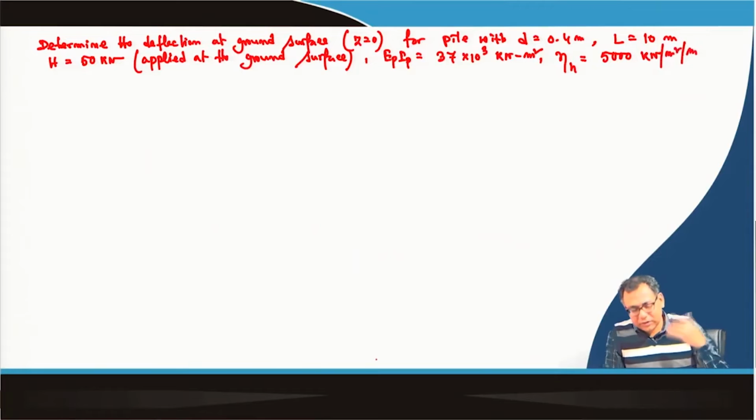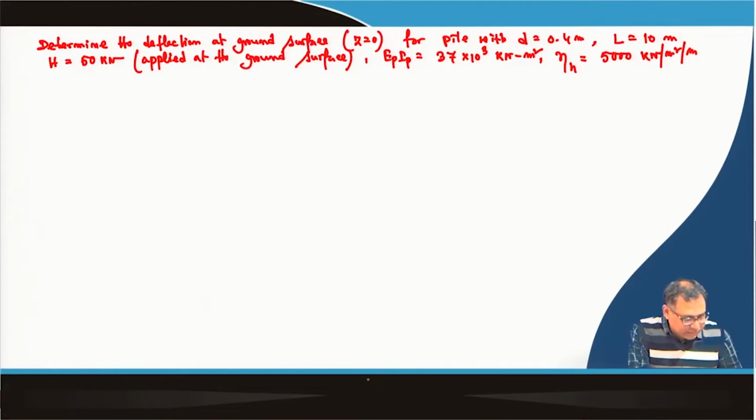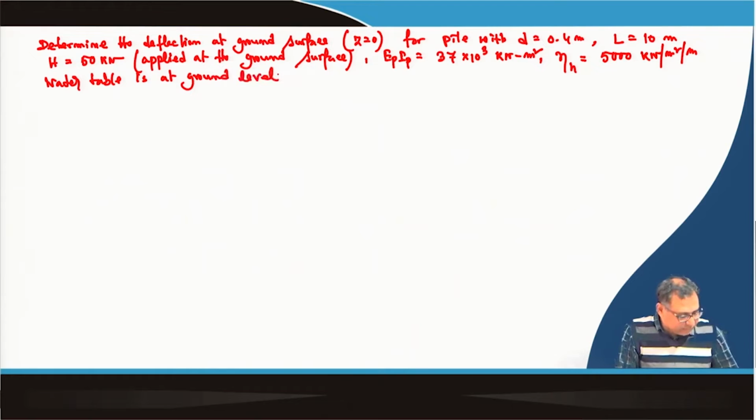Because for soft clay also these variations can be observed, for very soft clay and granular soil. Now, the water table is at ground level. So that value is not required for this particular approach, but anyhow that information is given: water table is at the ground surface.